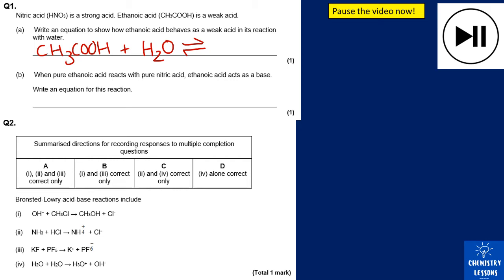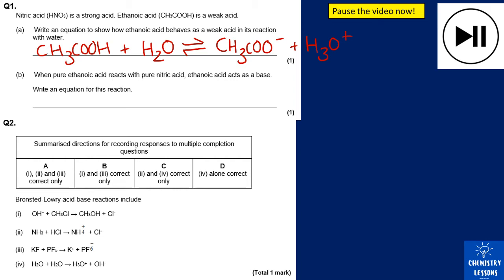Now I'm going to show the acid donating a proton, so it's going to release its proton to become CH3COO minus, and the water will accept that proton and become H3O plus. So what we're actually showing is water acting as a base and ethanoic acid acting as an acid.